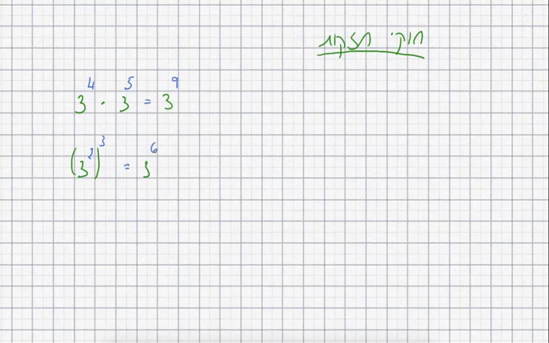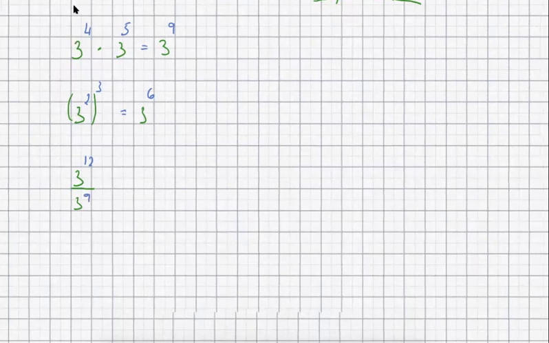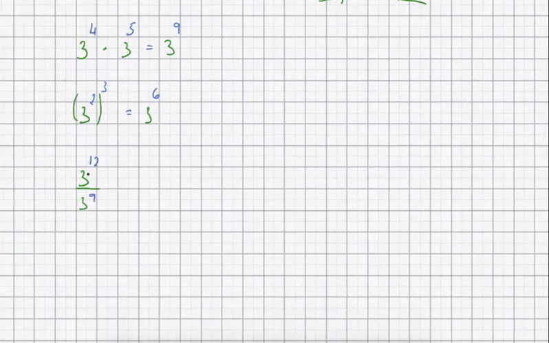And the third one is, let's say you have 3 to the power of 12 divided by 3 to the power of 9. Equals? I don't know what you do here. Do you remember that you divide the 12 by the 9?